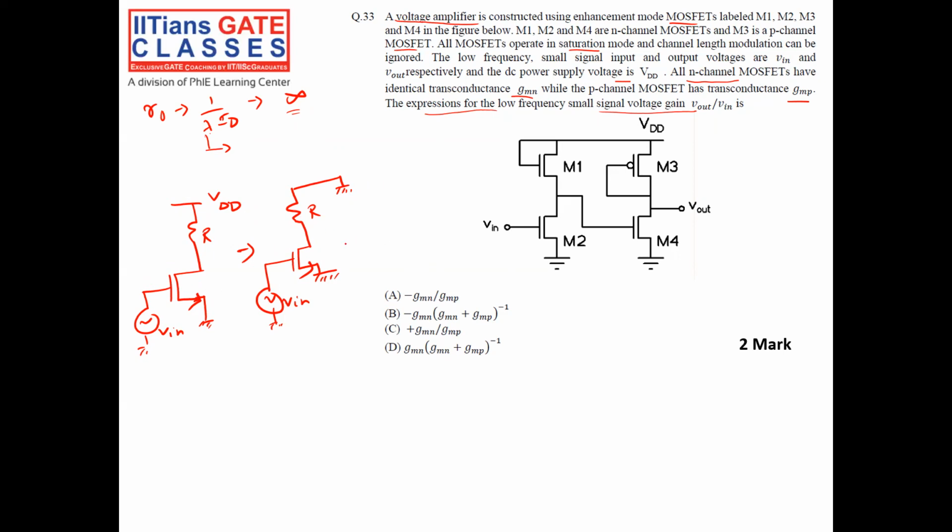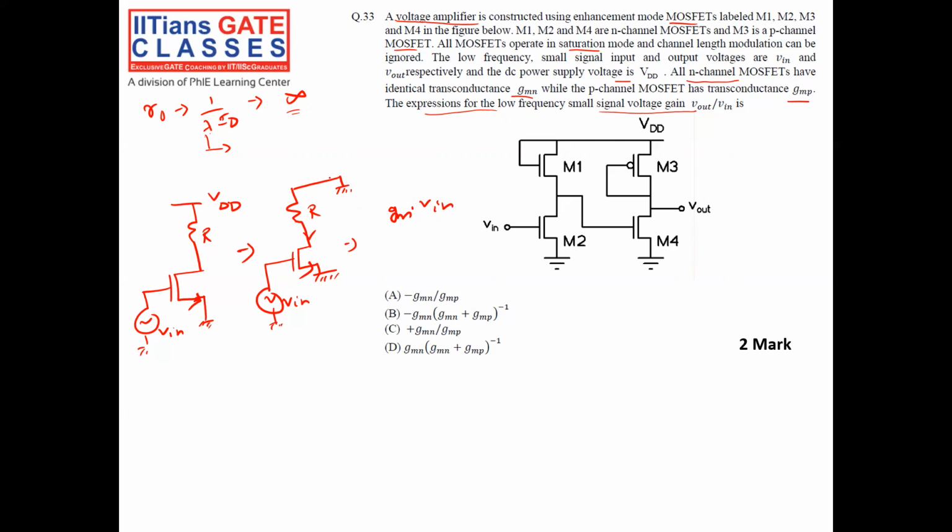We know very well what the gain of a common source amplifier is. See how we get the gain. This input voltage will change the gate to source voltage VGS. This change in VGS will give me a current of GM into VGS, here it is Vin. This current will flow through the resistance.